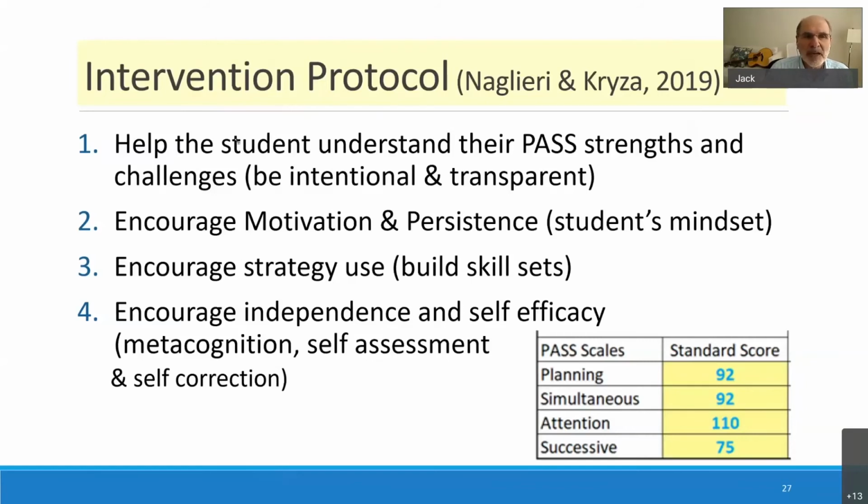Once you change the mindset of that student, and I've done this, I've told students, and they say things to me like, oh, I thought I was just stupid, and that's why I couldn't do this stuff, right? When they realize, no, they're not stupid, but they have trouble with one area. Maybe it's really bad, like successive processing 75, that's bad, right?